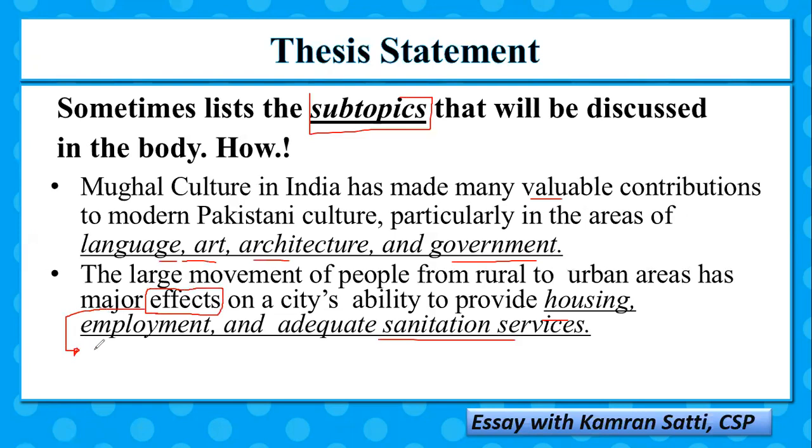Effects and implications can be both positive and negative. So never ever assume that these are terms which have negative connotations attached to them. No, never. Okay, so this was the second aspect of our thesis statement.